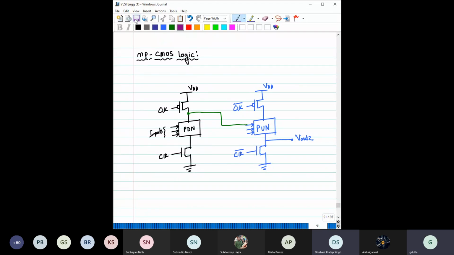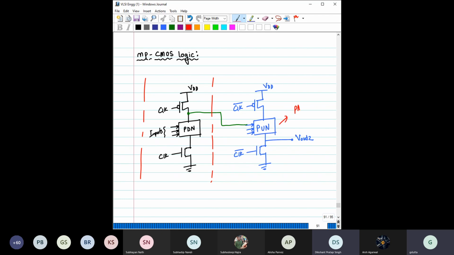It also solves the same cascading issue, but it does it in a different way, and it is pretty easy to understand why this is working. See here, this part is as usual. But if you notice the second one, we have used here a pull-up network.